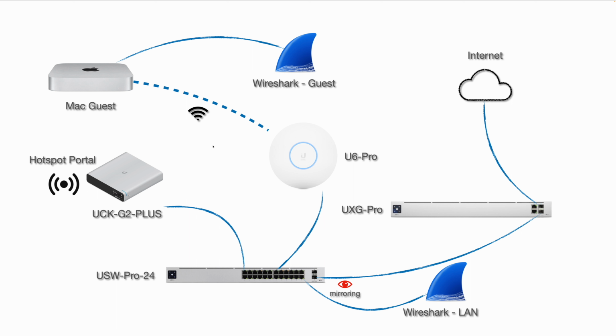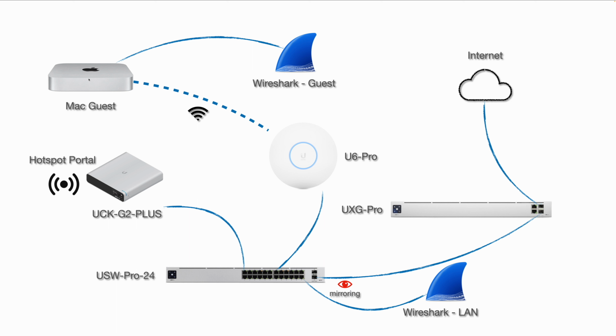This is my lab environment. As I mentioned, I use a UXG Pro as the gateway, a Cloud Key Plus running the network controller, one switch, a USW Pro 24, and I'm going to use a Mac Mini as the guest machine. I will run 2 Wiresharks. The first one is running on this Mac Mini.